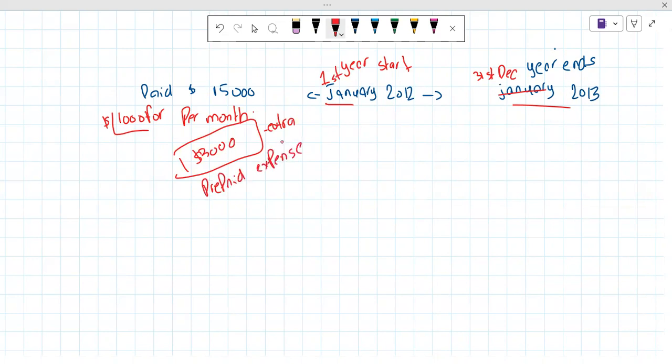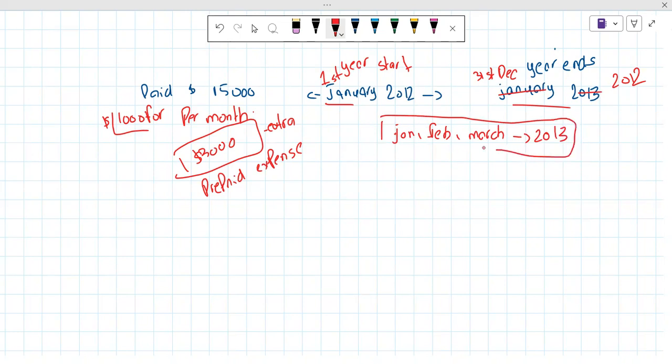So if you are going to make your financial statements for 1st January 2012 to 31st December 2012, it means that the 3,000 would be extra for January, February, and March 2013 onwards.